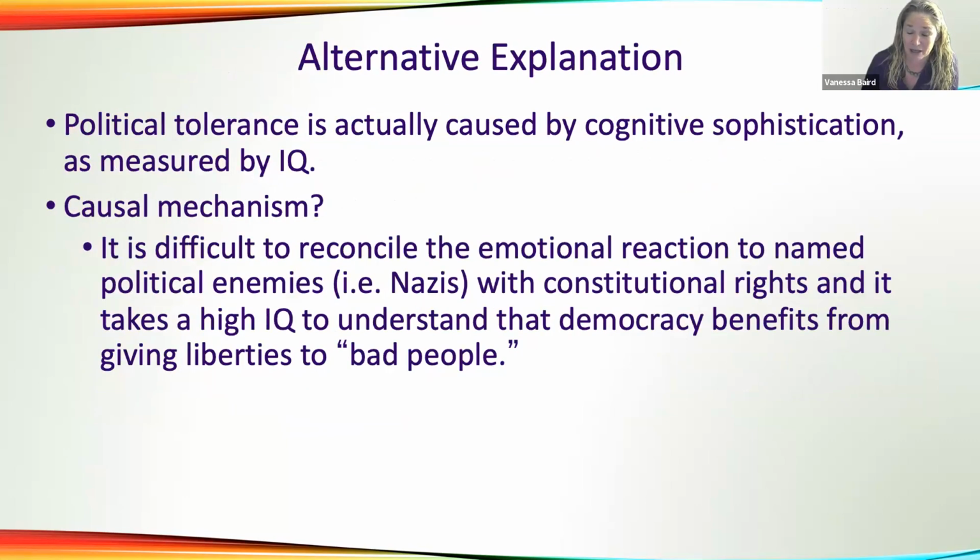Well, two people came along and they're like, you know what? I bet it's actually intelligence. It's actually just cognitive sophistication. Do any of y'all know which survey actually has all the measures of intelligence? They're terrible, and this one is particularly bad, but they do ask these people a bunch of SAT type questions.